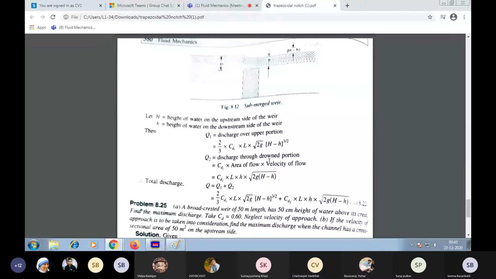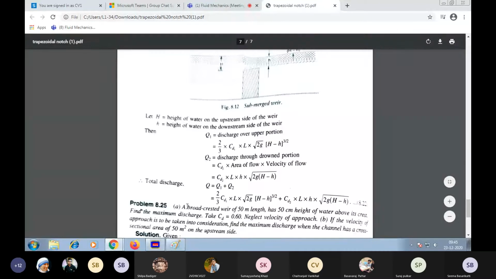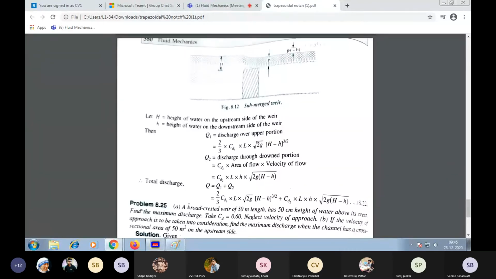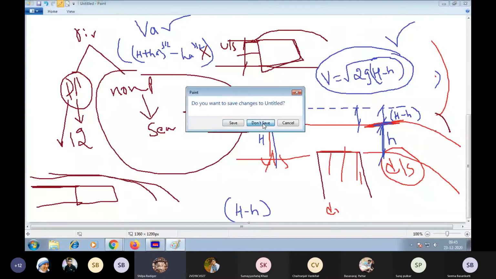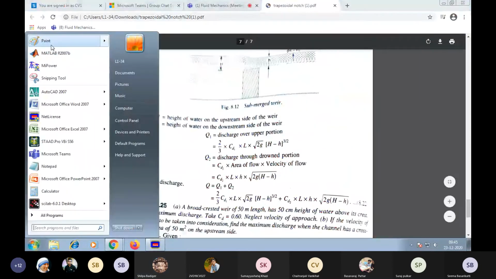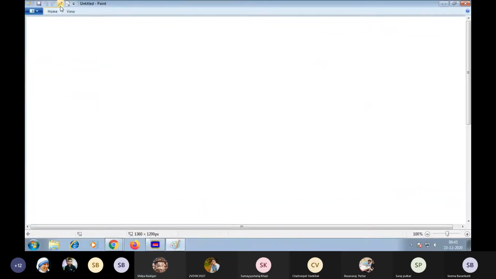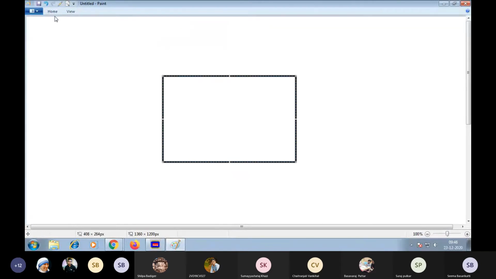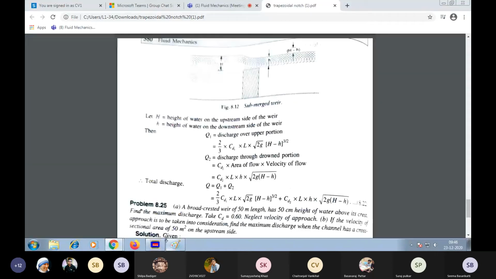Yes, ma'am. Okay, fine. So here in this particular problem, which type of weir have they taken? Broad crested weir. So now what are the conditions? What is the length of the weir?